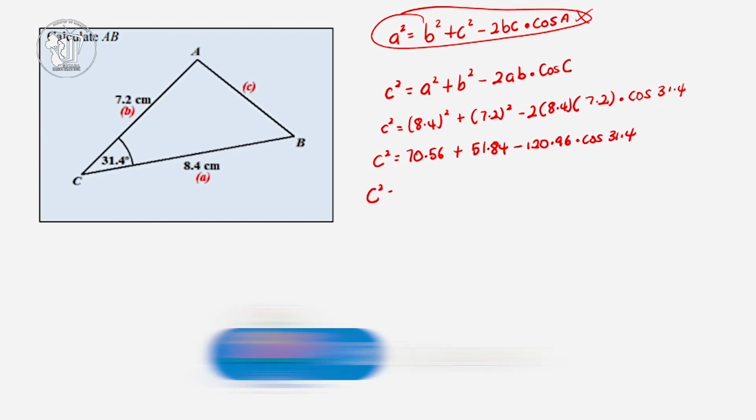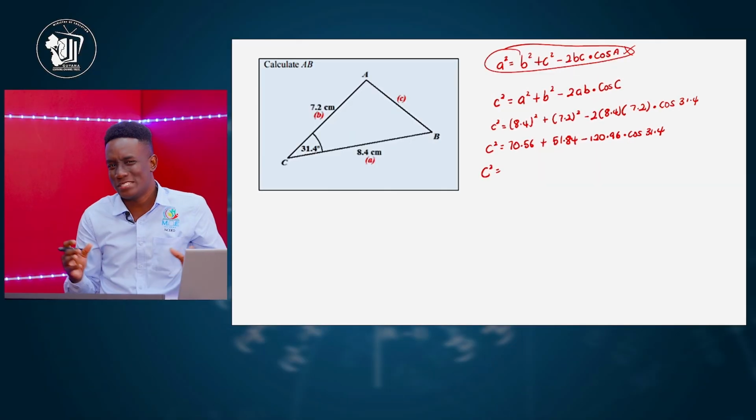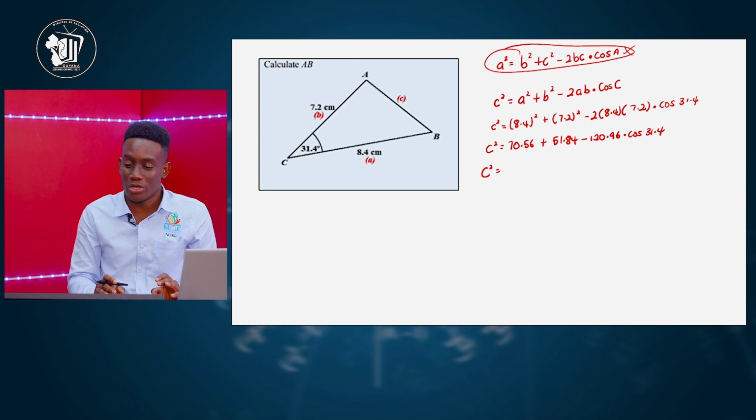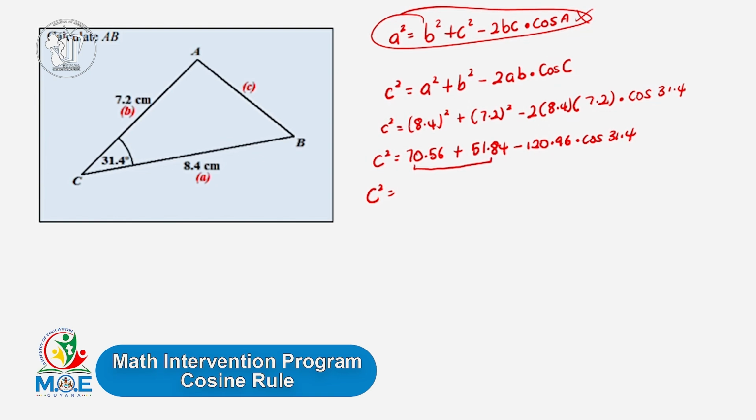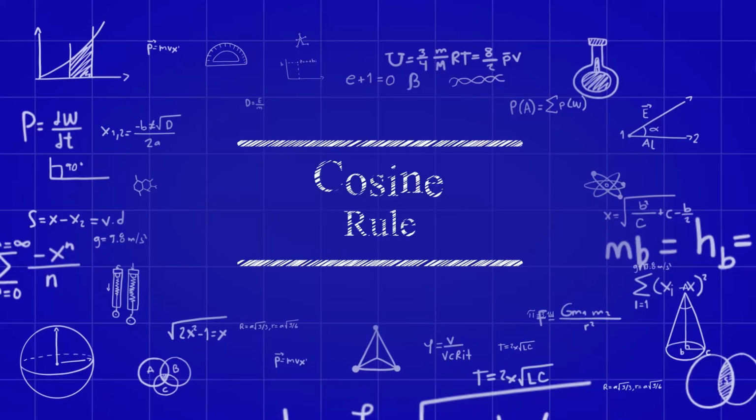So c squared will be equal to, what you can do, you can either punch this entire thing in your calculator as it is, or you can do it piece by piece. I'll just do it piece by piece to show you the logic behind it. So we add up these two. 70.56 plus 51.84, that would give us 122.4.